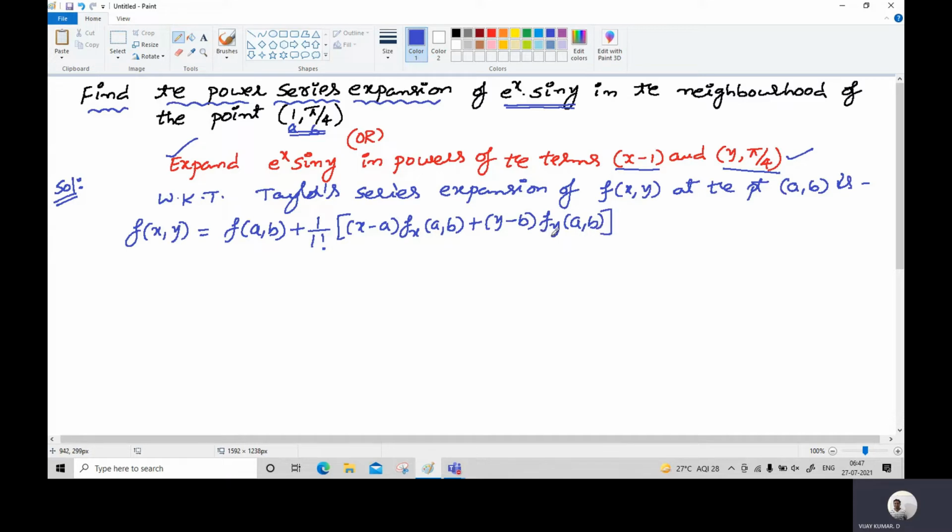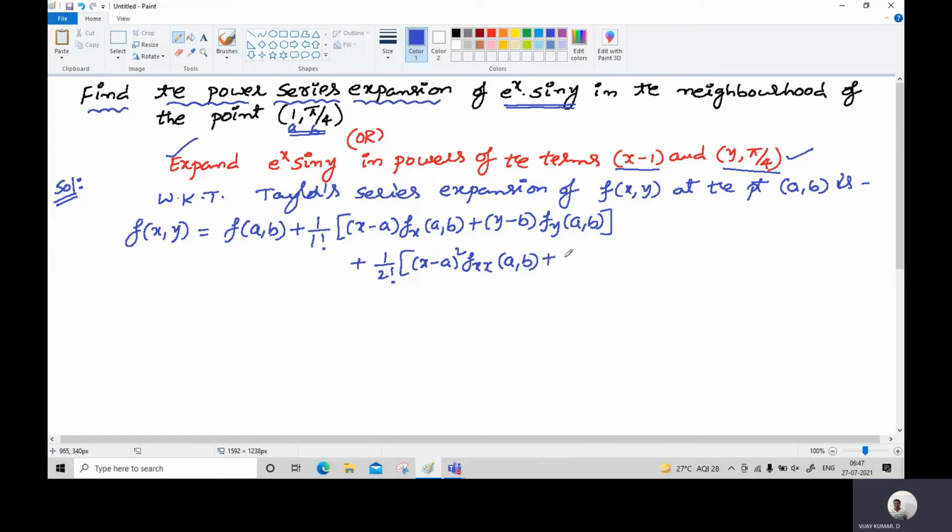First find out dou f by dou y. In that differentiation you should replace the point a comma b. Plus 1 by 2 factorial into the product is in the form of a plus b whole square, so you will get x minus a whole square f double x at a comma b, nothing but second order partial differentiation of f with respect to x, dou square f by dou x square. So after finding that partial differentiation you should replace a comma b in that one.